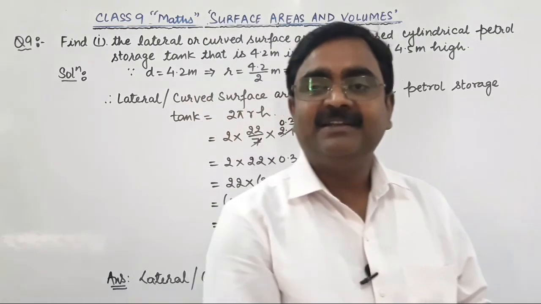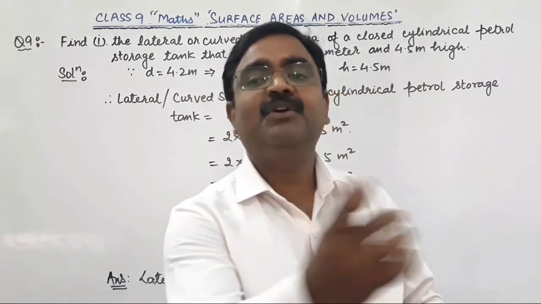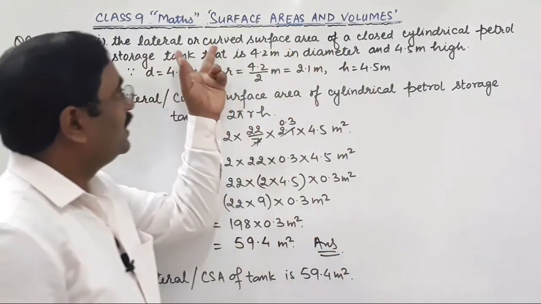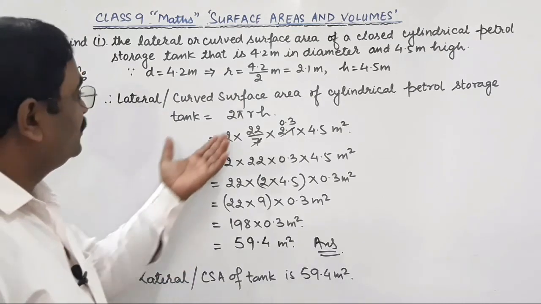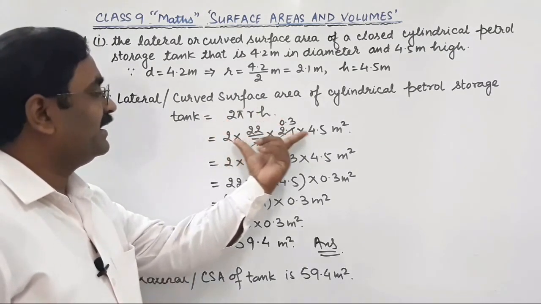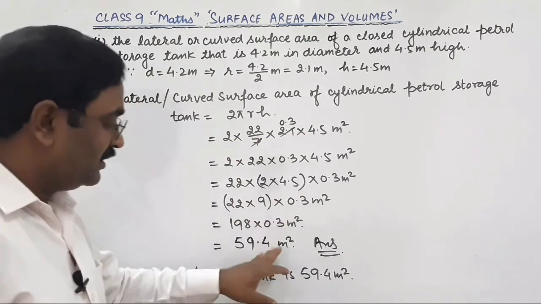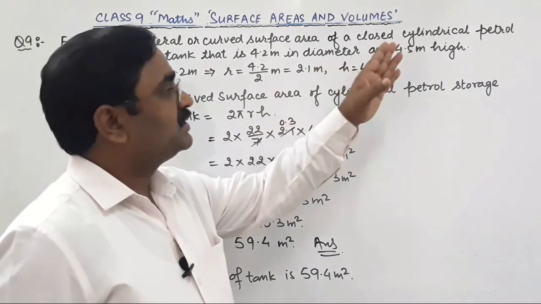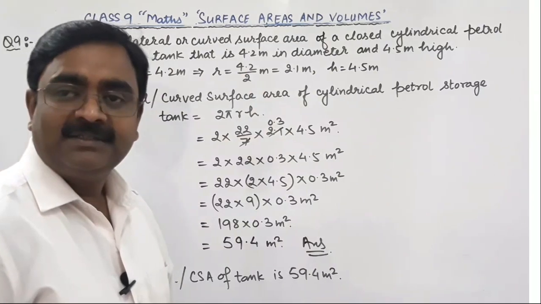Here in the cylinder, it is also written as lateral surface area, it means the wall of the cylinder, that is curved surface area. So both have the same meaning, don't be confused in this. So we got curved surface area is 2 pi r h, substituting the values we got 59.4 meter square as the curved surface area of this closed cylindrical petrol storage tank, right?